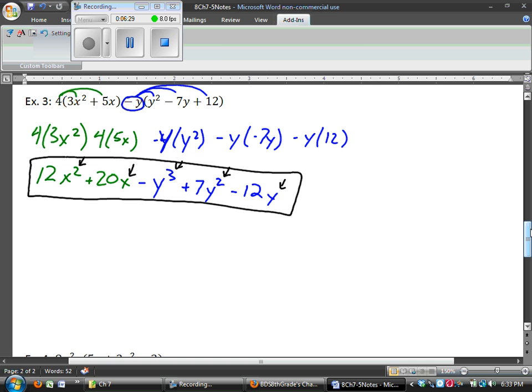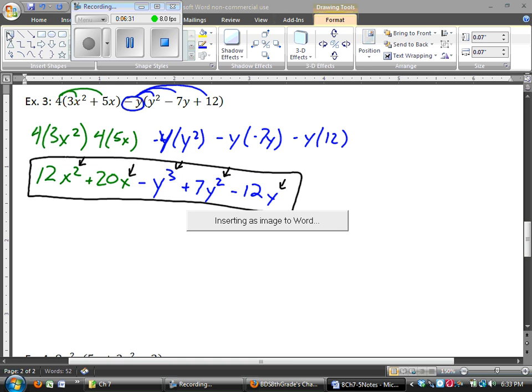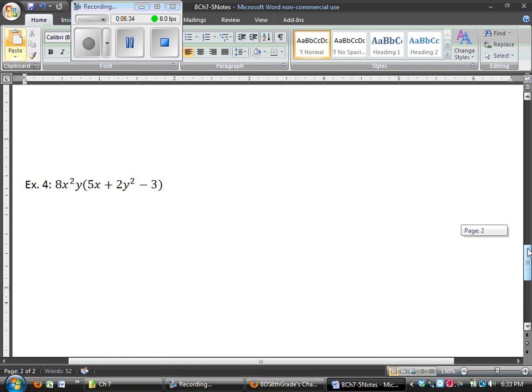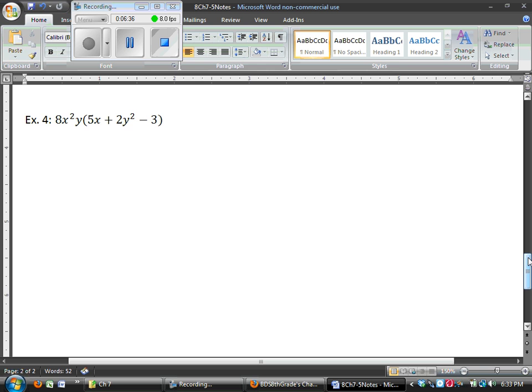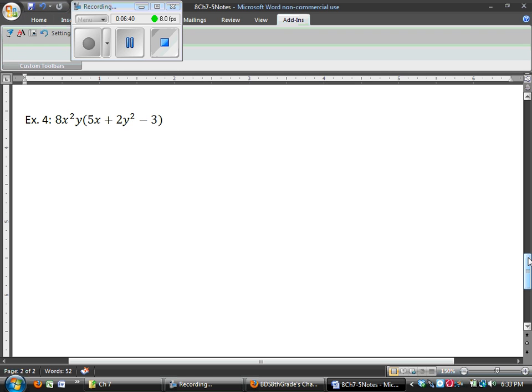All right. And the last example is one that's going to be a bit tougher. Okay. Make sure you keep track of your exponents here. You have to know the difference between multiplying and adding. Okay. If you don't know how to add monomials, you better get some help, because you're going to have to do a lot of it here.